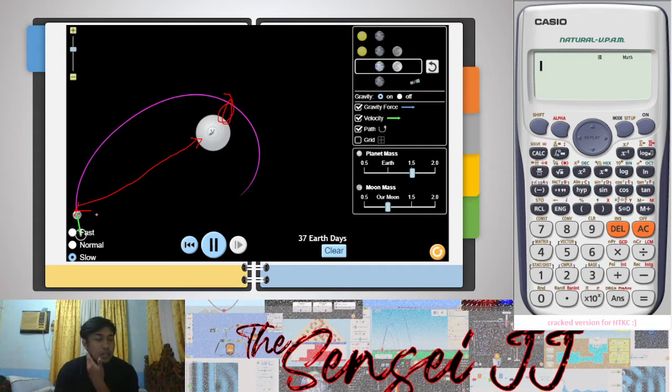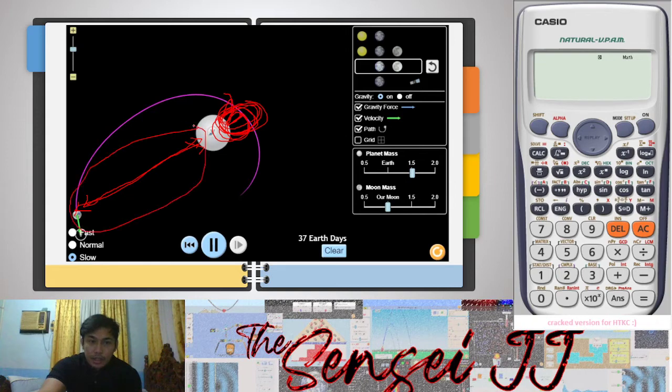Since there is a wider gap, the value of our gravity, or the force, in this location, where there is minimal space between the moon and the Earth, is greater than the force in this area, where the distance between the moon and the Earth is great.